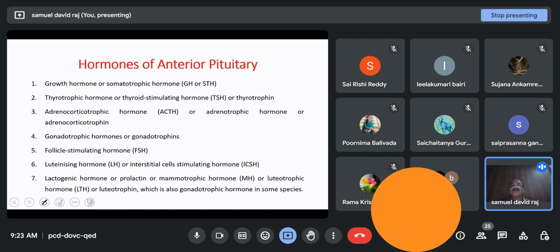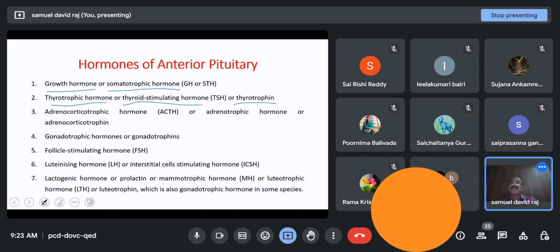And coming to the hormones of anterior pituitary. The anterior pituitary secretes seven different types of hormones. Growth hormone, also called somatotrophic hormone or somatotrophin. Second one, thyrotrophic hormone or thyroid stimulating hormone or thyrotrophin.